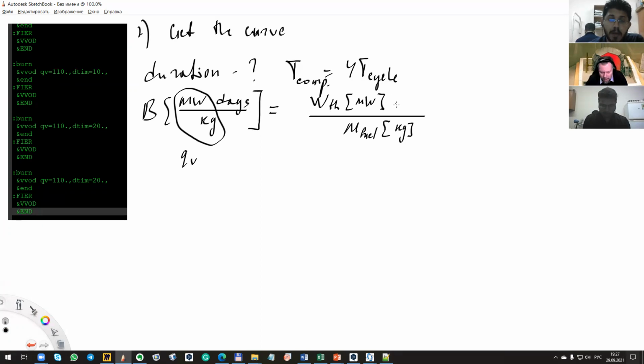It's the mass of fuel per fuel assembly. But for the total core, you need to multiply by 163. Yes, 163.